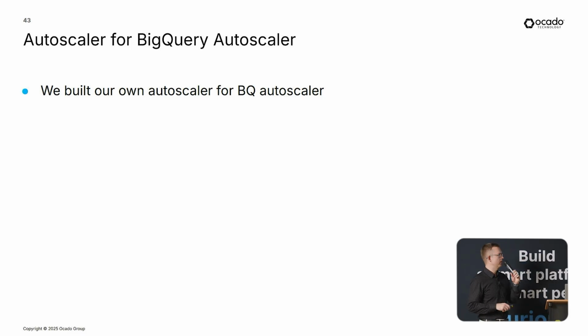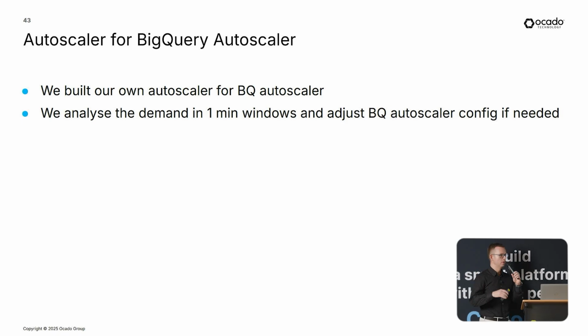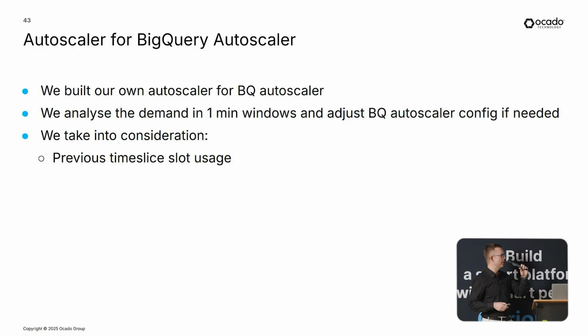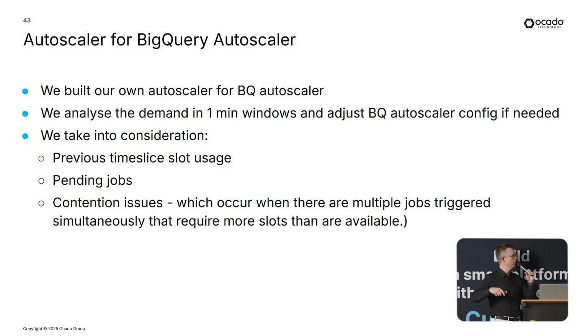The idea was very simple. Let's try to reconfigure the maximum number of slots in nearly real time. So we analyze one-minute time windows, and we take into consideration parameters like previous time slice slot usage, the number of pending jobs in the queue, and contention issues, which just indicates the number of errors because of lack of resources.